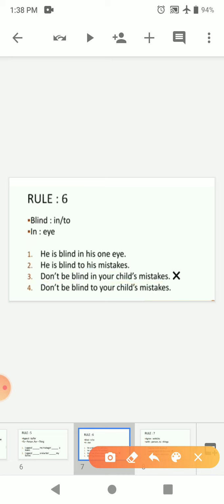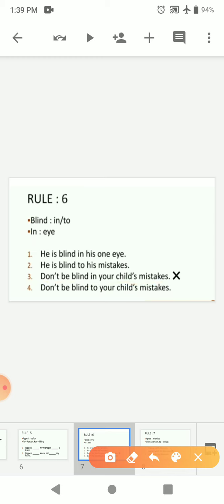Do not be blind in your child's mistake. So see here, in is used here. As I already mentioned, if we are referring to the literal meaning of blind, if we are talking about the eyesight of any person, we use in. But here it is, don't be blind in your child's mistake.